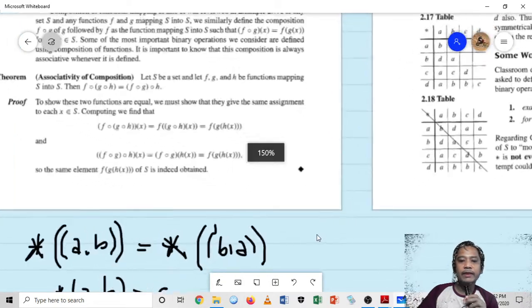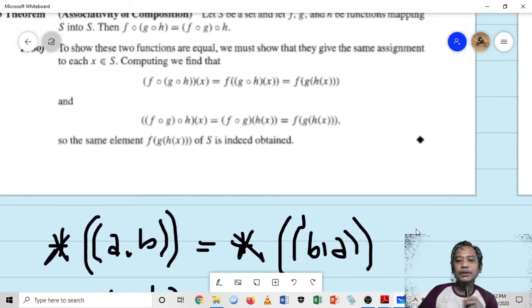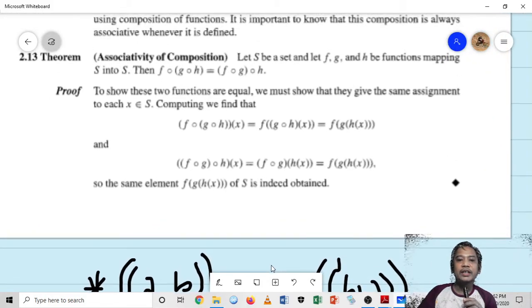Here we have the proof that composition of functions is associative.